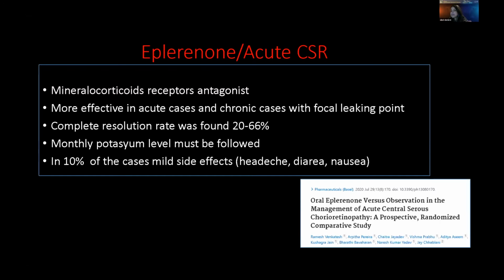Finally, since PDT is invasive, expensive, and not broadly available right now, there has been considerable interest in developing alternative therapies. Recently, the use of mineralocorticoid antagonists has gained interest as a potential simple oral therapeutic option for patients with CSR. And as we all know, the mineralocorticoids are known to have an impact on choroidal vasculature.